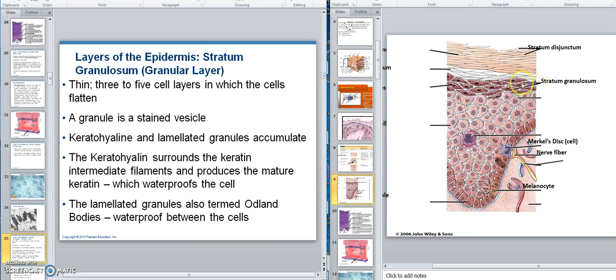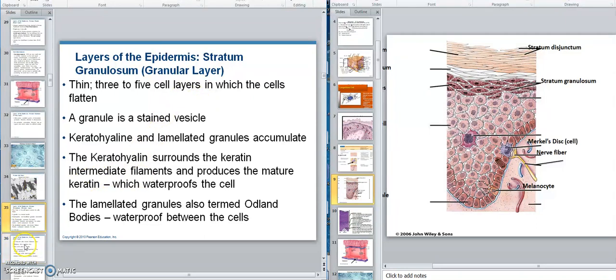All of which are in granules, and that's what you call the Stratum Granulosum. So that's what you're looking at there, okay?